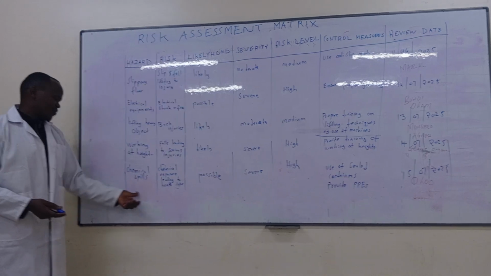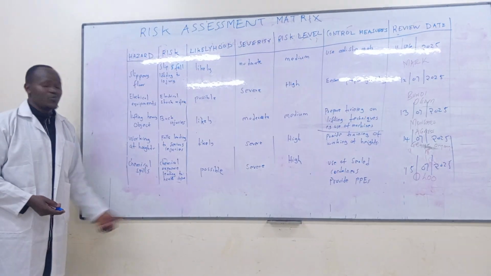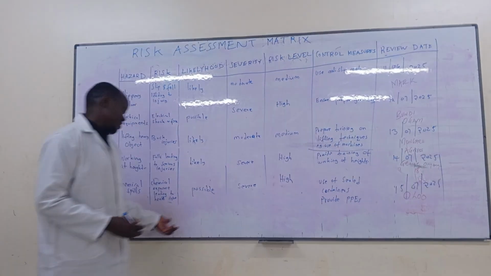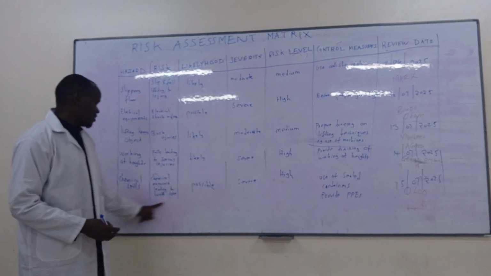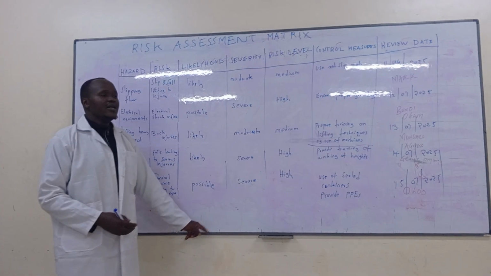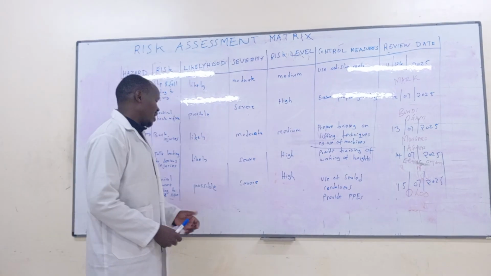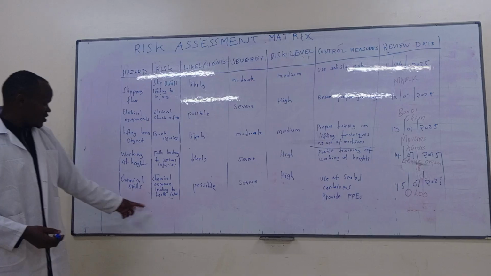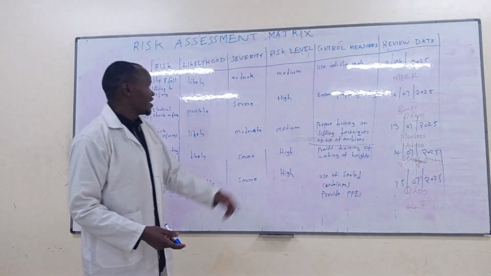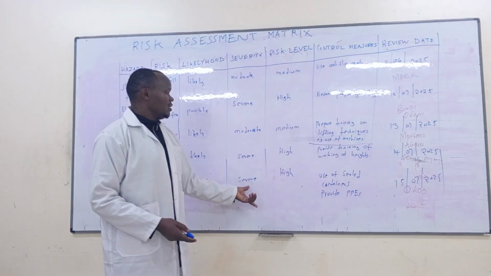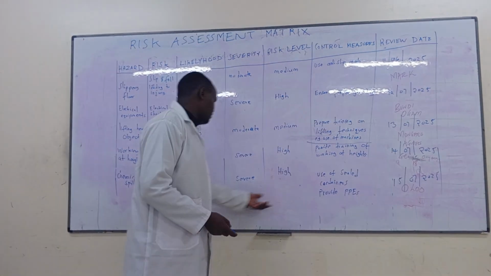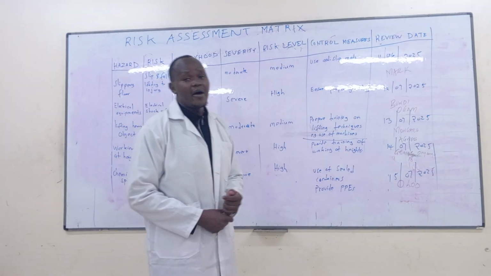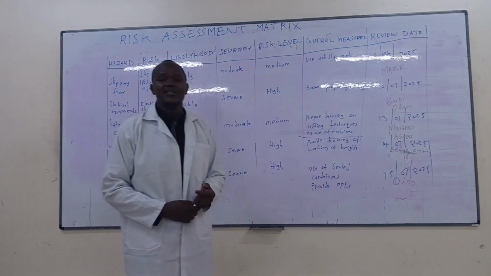What about chemical spills? Maybe in a workshop you have some oil or grease. When this oil spillage has occurred, the risk posed to somebody could be high. And when you fall due to this oil spillage, what is the severity of the risk? In this column, the risk caused by chemical spillage could be high, and in my case here, the risk is very high.